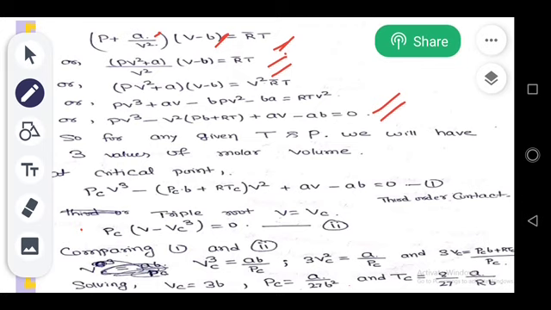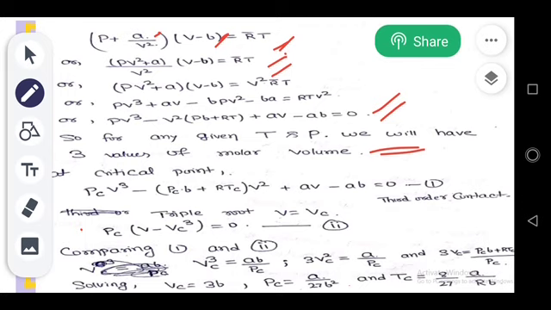So for any given T and P, we will have 3 values of molar volume. Please keep this in mind. For any given T and P, this is a cubic equation for v. So if we solve this equation, we will get three values of molar volume.